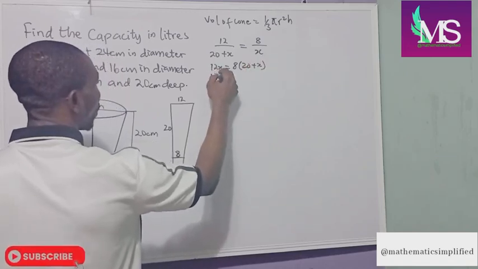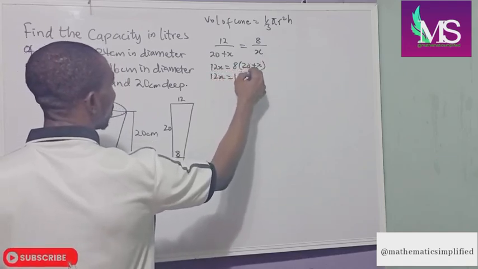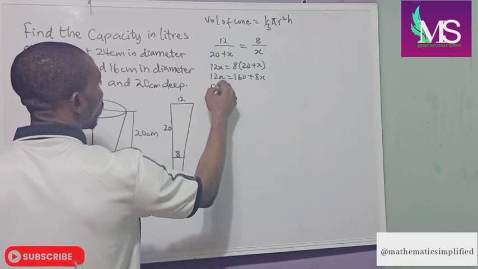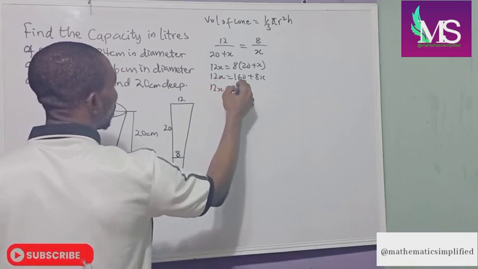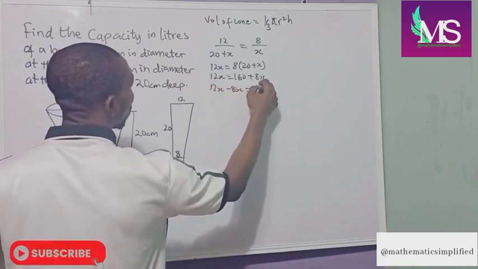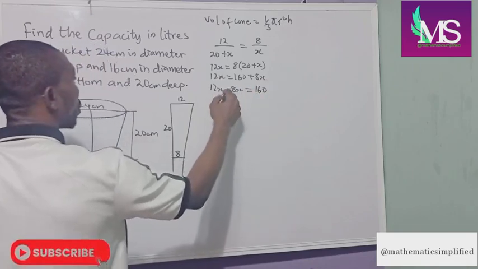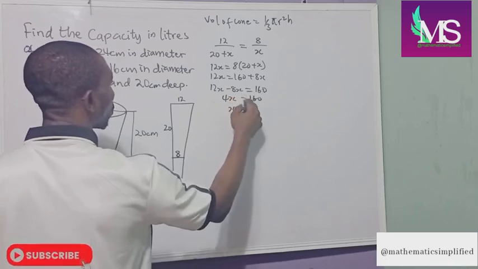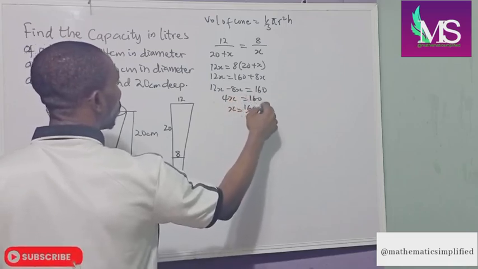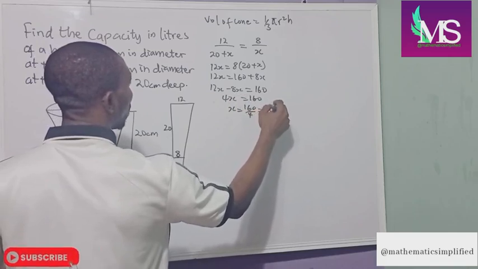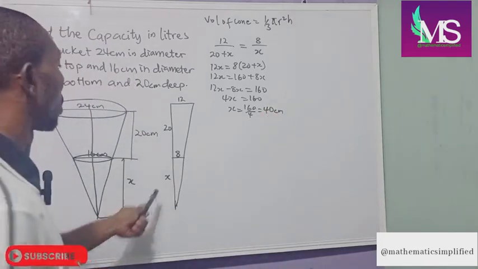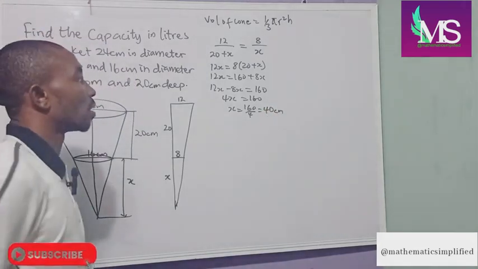So 12x equals 160 plus 8x. Collecting like terms, 12x minus 8x equals 160, so 4x equals 160. So x equals 160 over 4, which is 40 centimeters. So the value of x will be 40 centimeters.